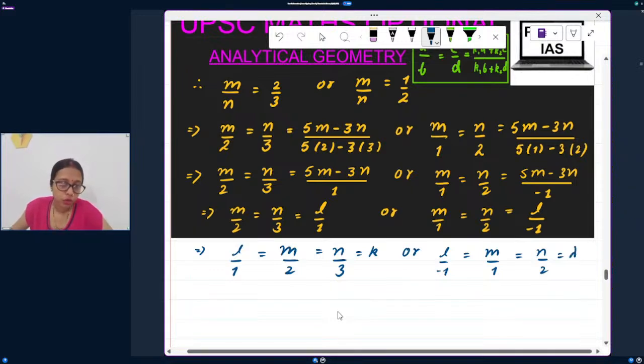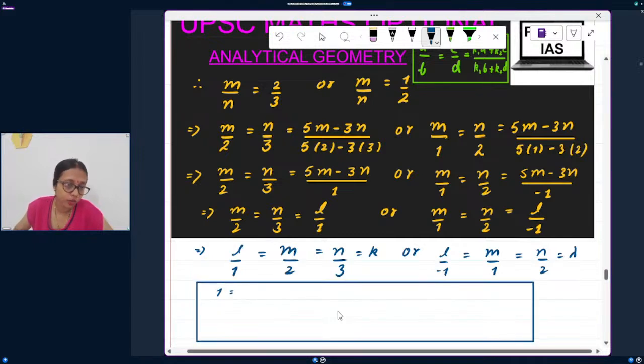So why am I saying that 1, 2, 3 are direction ratios? This is not part of the question, I'm just trying to show you why 1, 2, 3 are direction ratios. Because when you equate the first and the last, 1 will be equal to 1 by k times l.